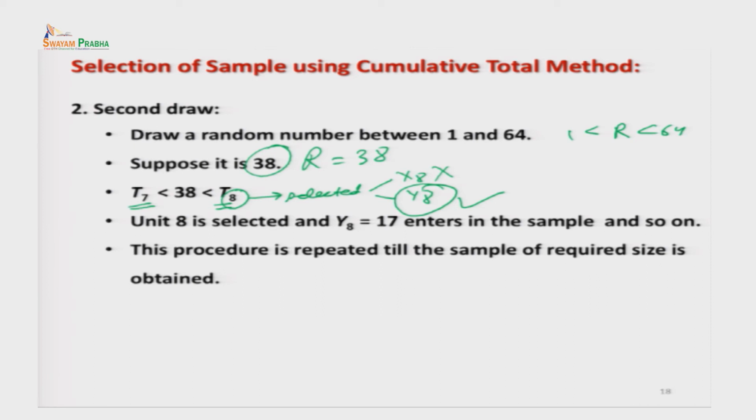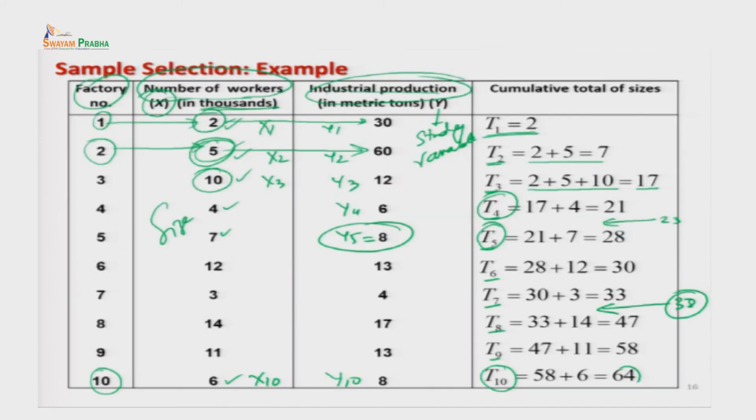So now whatever is the value of Y corresponding to X8, that will become part of the sample. So let us see what Y8 is. Y6 is 13, Y7 is 4 and Y8 here is 17.